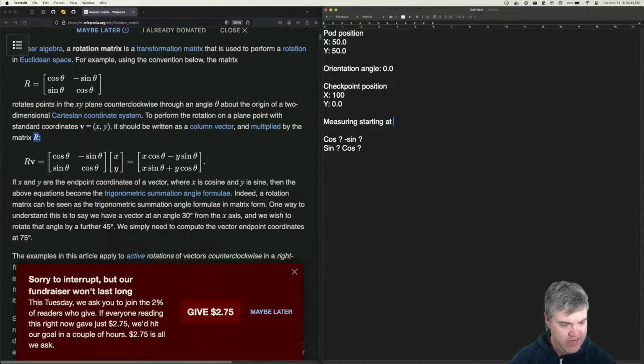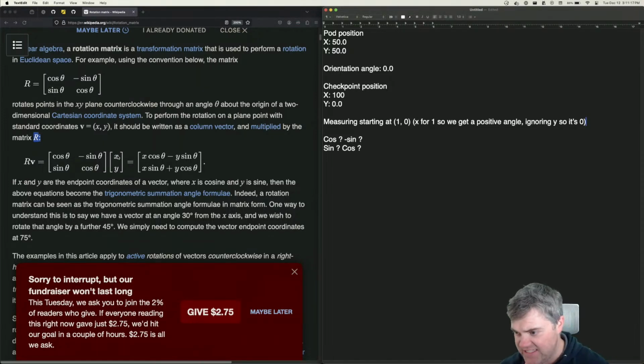Okay, so we're starting at 1, 0. So that would be x for 1. So we get a positive angle, ignoring y, so it's 0.